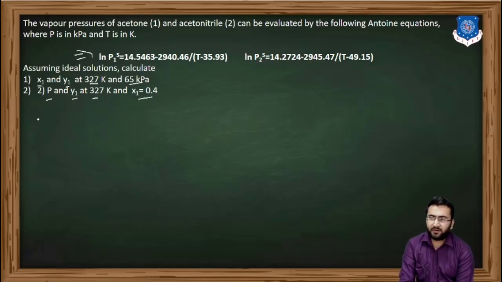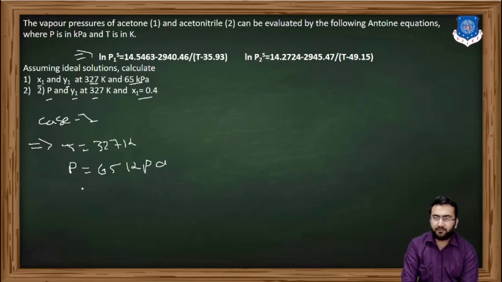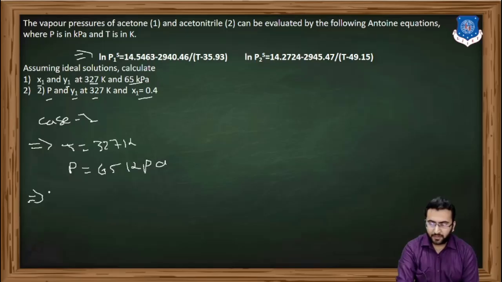So let's suppose for case 1, the given data is temperature 327 Kelvin and pressure 65 kilopascal. First we have to find out the values of P1 and P2 using this Antoine equation by putting the value of temperature 327 Kelvin. If we put 327 Kelvin instead of T, we will get the values of P1 and P2.